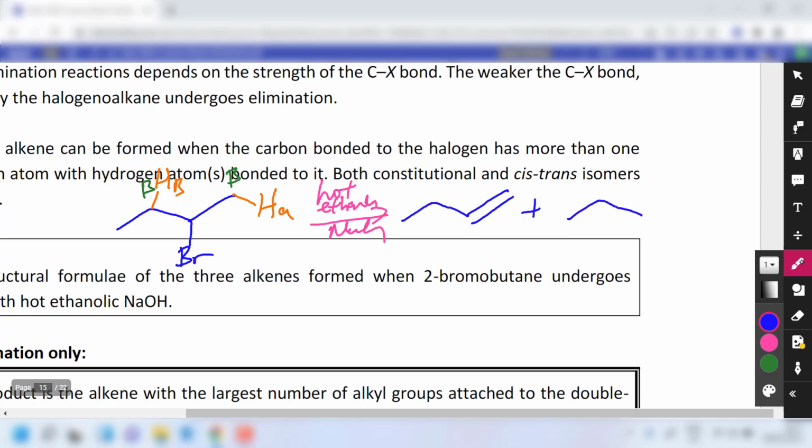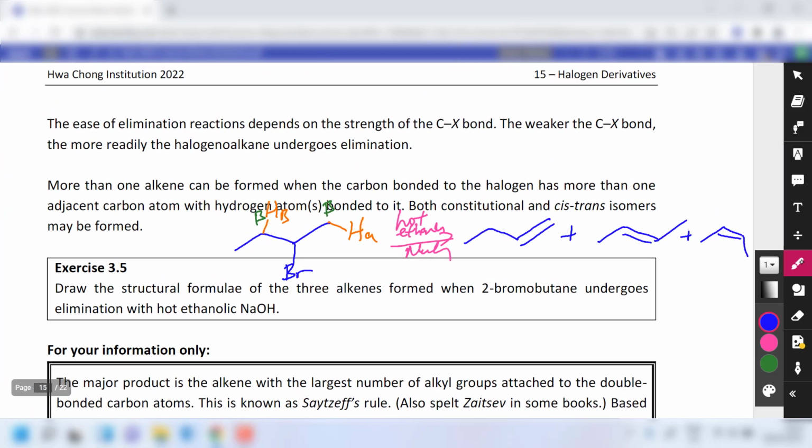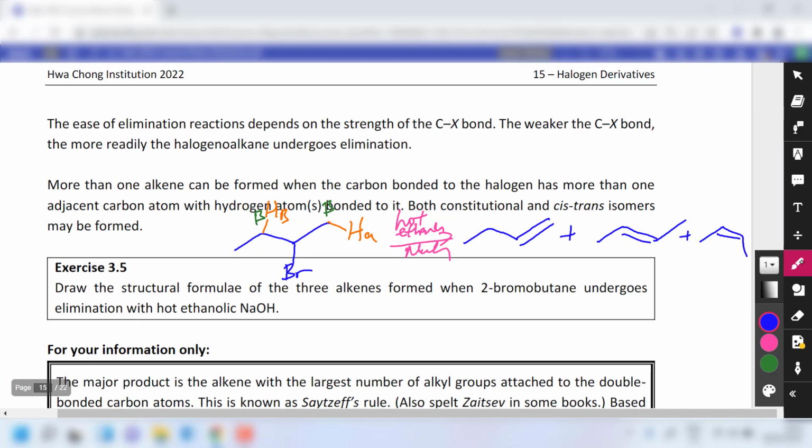But you notice that when I eliminate HB and Br, I will end up with a pair of cis-trans isomers. So I can get this like this. So altogether there are three different types of alkenes, which are formed when it undergoes elimination under the appropriate condition.